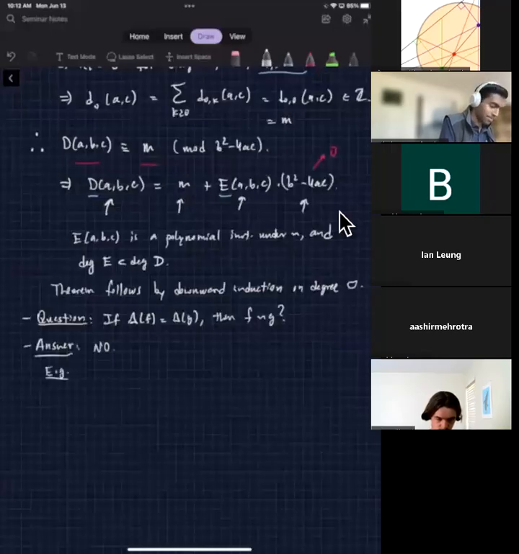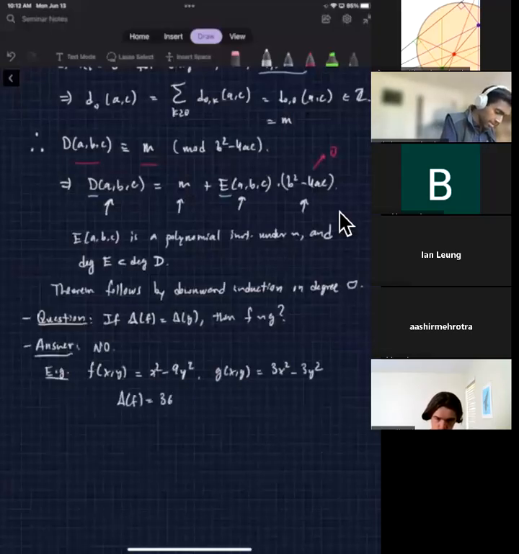As an example, you could take f(x, y) to be x² − 9y², and g(x, y) to be 3x² − 3y². The discriminant of f equals 36, which is equal to the discriminant of g.